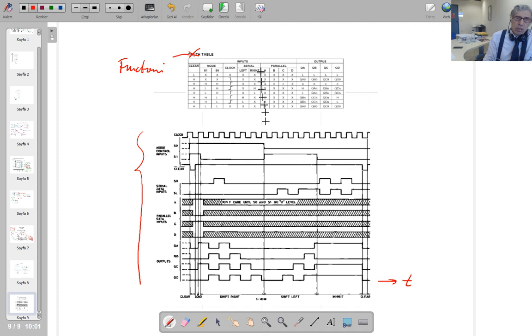It is just a transformation of that information into this. From time to time you can look at it and see the exact time instant when the change happens. So this is going to be additional. You get the function table plus this timing diagram in order to define or understand the behavior of the MSI elements which are available in the market. So that is the end of this video then.